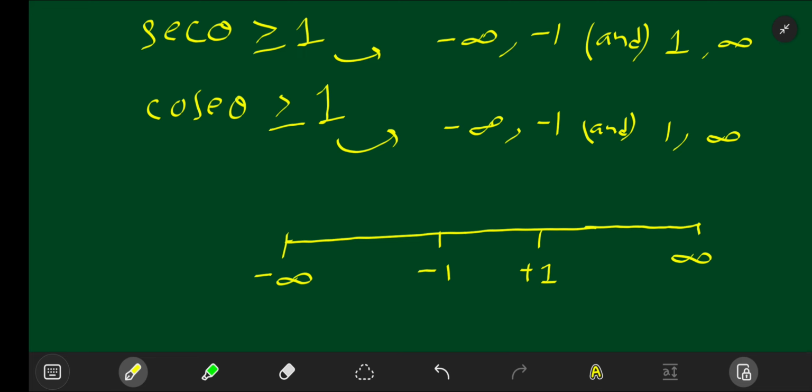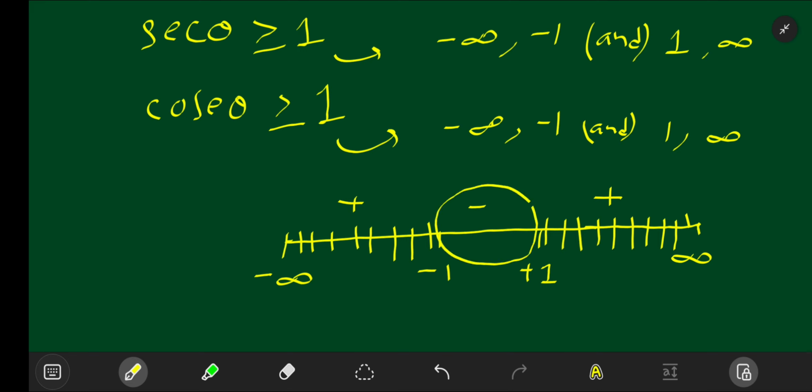If you substitute any value at the place of theta, values between minus 1 and plus 1 will not come. This portion is exempted, but this portion and this portion values will come. This is positive, negative, positive.